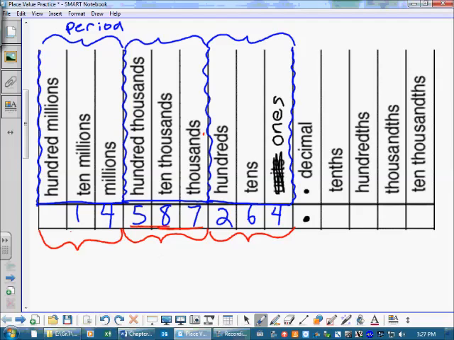This one first, we're going to read that as 14, and what group are we in? Million, right? So that's 14 million. Here's this one again, 587,264. Right? So 14,587,264. All we're doing is just reading it in groups.